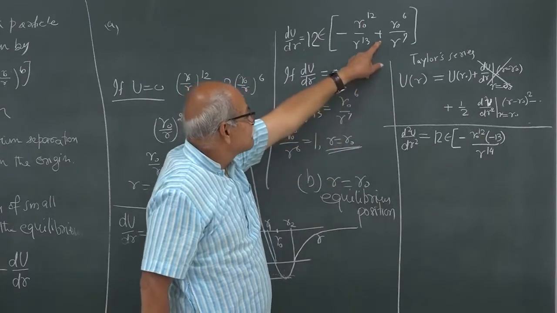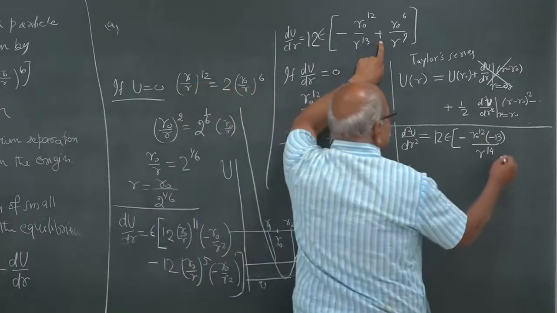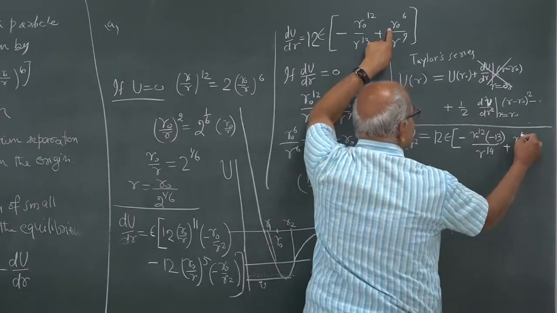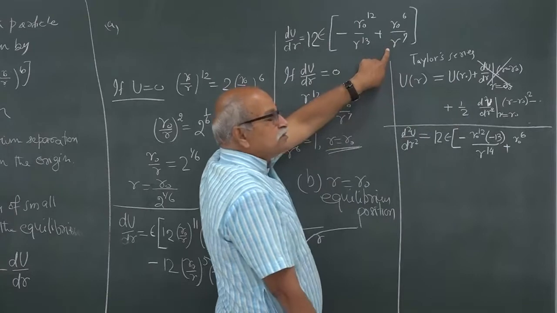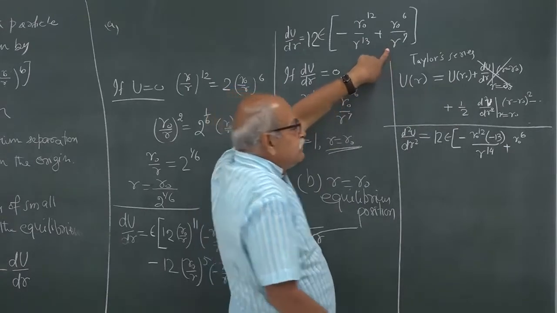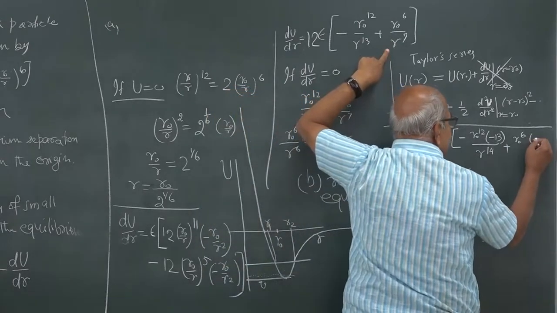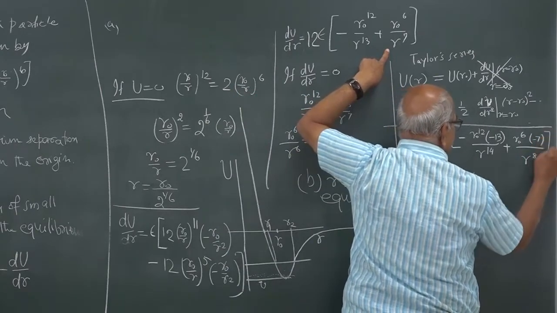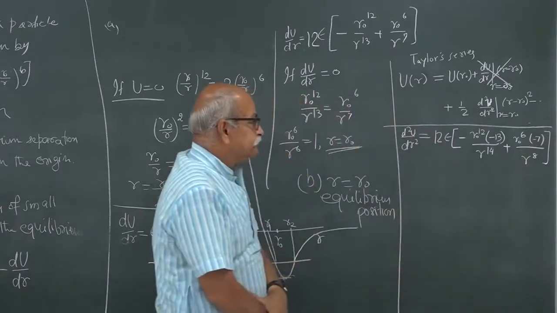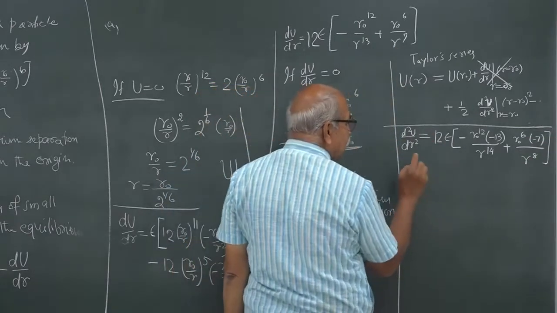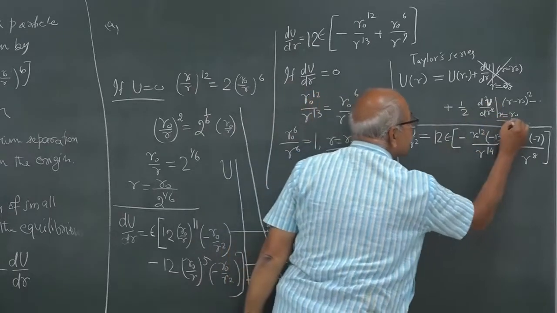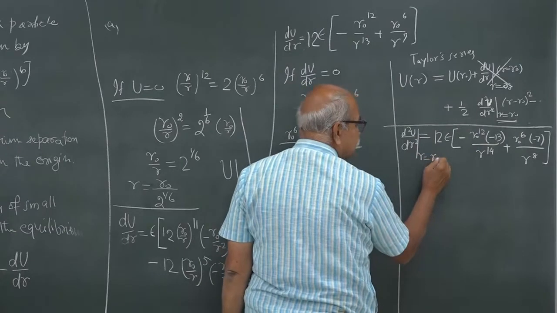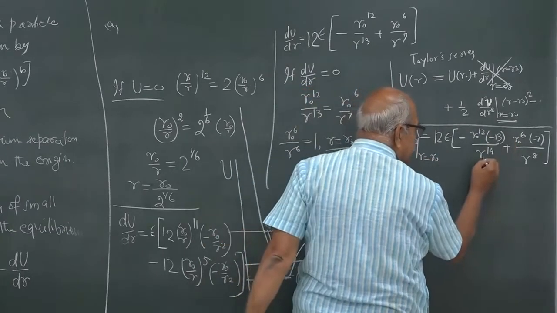Now, come here, plus r naught to the power 6. So, this is r naught to the power 6, and then I have to differentiate r to the power minus 7. So, minus 7 here, and then r to the power 8 here. So, that is the differentiation. And it has to be evaluated at r equal to r naught. So, if I write r equal to r naught, every r becomes r naught.